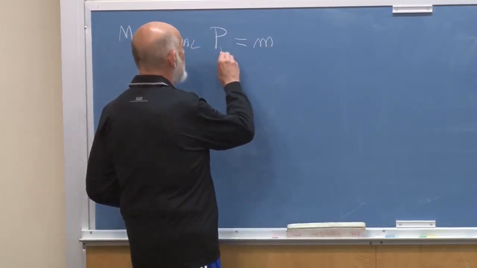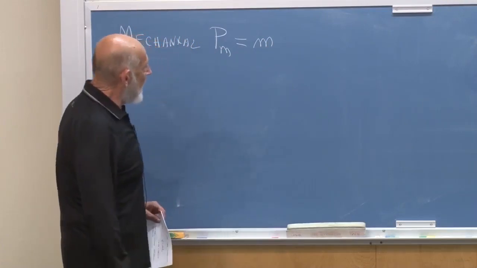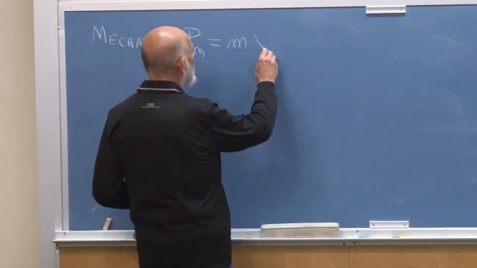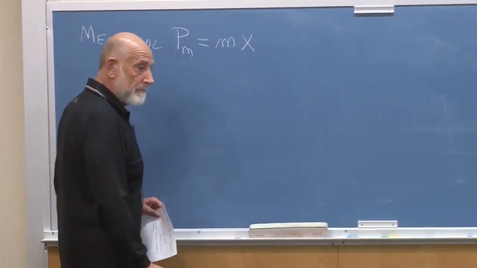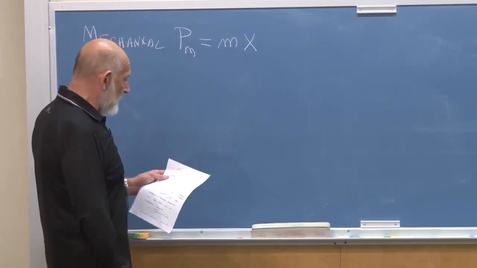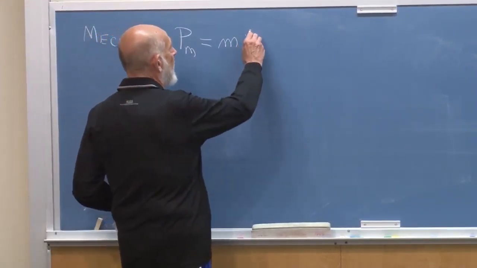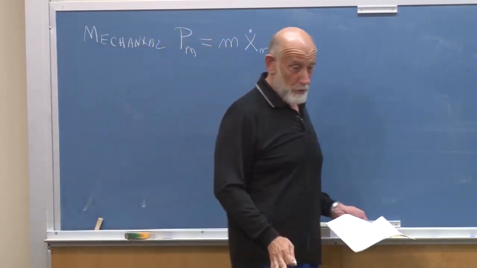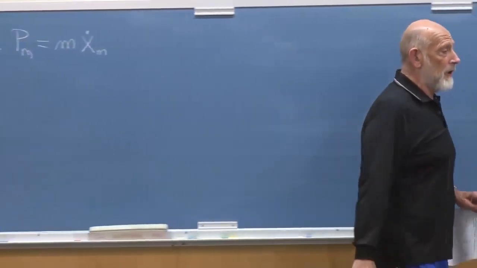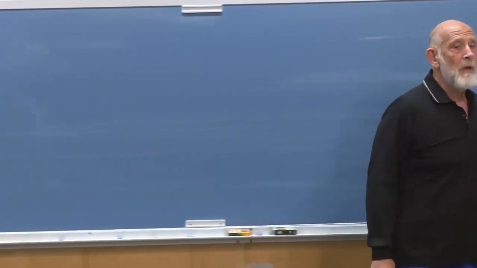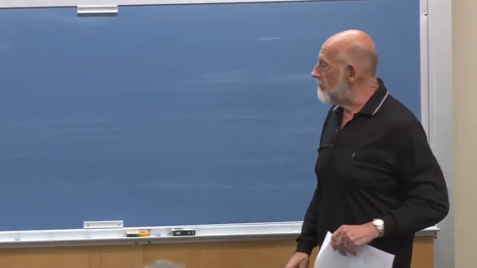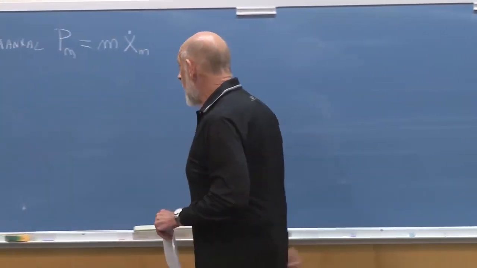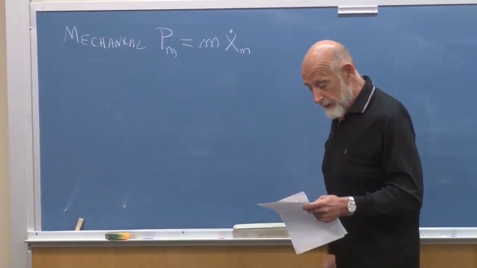In other words, P sub m, the mth component, x, y, or z, of momentum is the total mass of a system times the time derivative of the center of mass position. If it's a single particle, then it's just the position of that particle. If it's a complex system, then it's the center of mass position. And that's the notion of mechanical momentum.